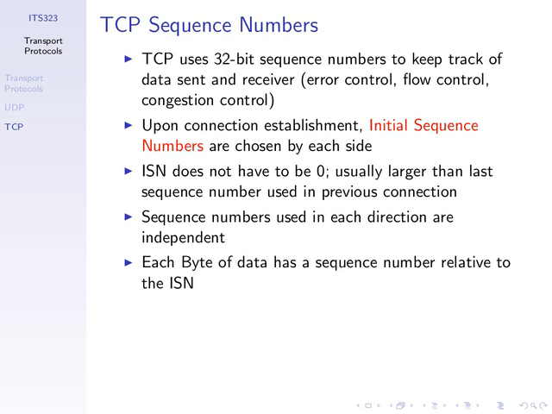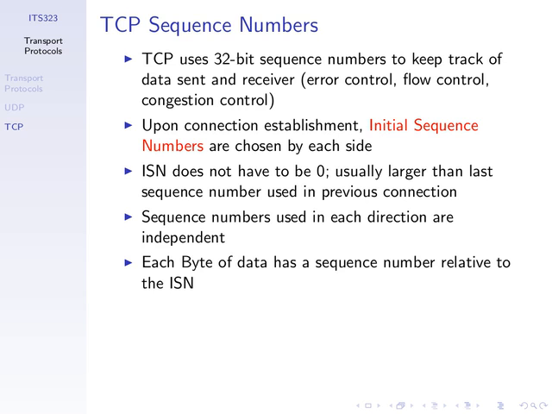Sequence numbers in each direction are independent. If I'm sending data to the server, I'm using one set of sequence numbers, maybe 1, 2, 3, 4, 5, depending upon my initial sequence number. If the server's sending data back to me, it can use a different set of sequence numbers, 3043, 3044, and so on. The sequence numbers in each direction are independent of each other. They don't have to be the same.